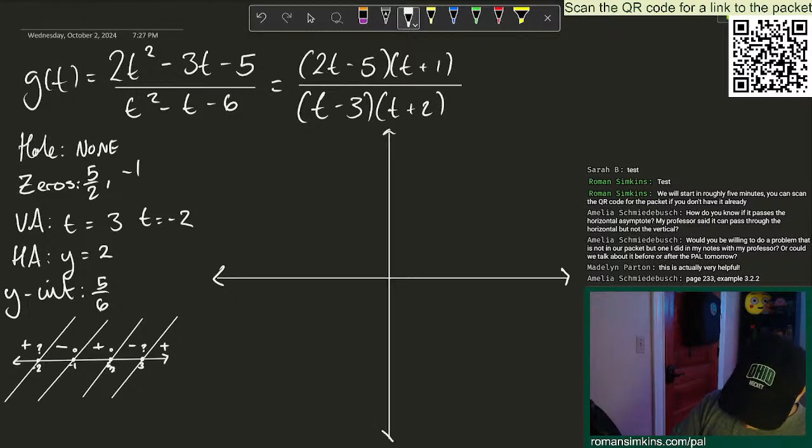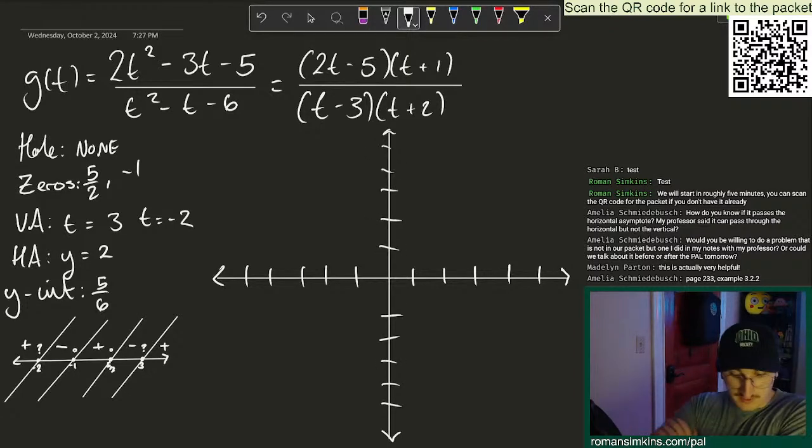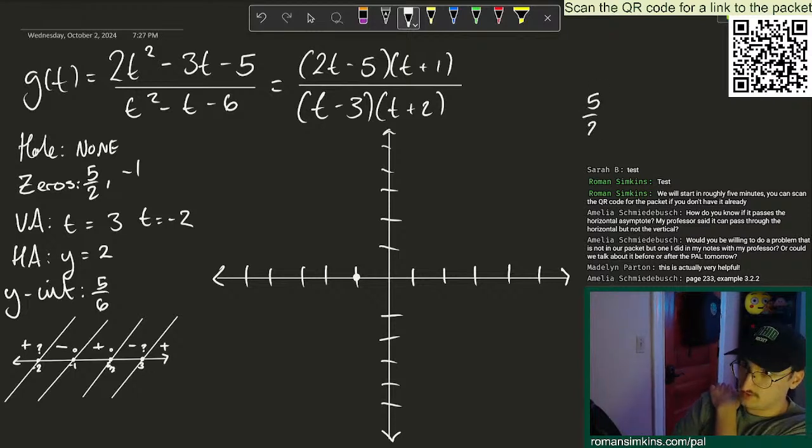Okay. All right. So let's start marking down all the information. What kind of tick marks will I need? It looks like I'll probably want a little more than 3 this time, just because I have values that go up to 3 and I want to know what happens around those points. But let's go through. So no holes, so we're good there. 2 zeros. I have a 0 at -1 and at 5 halves, which, if you did not know, equals 2.5. So I can put another 0 at 2.5.